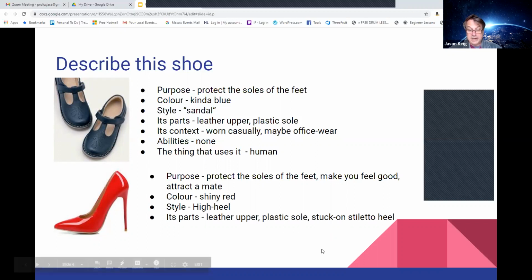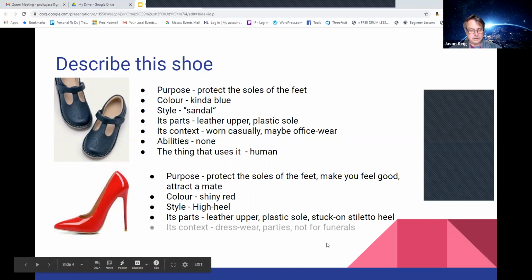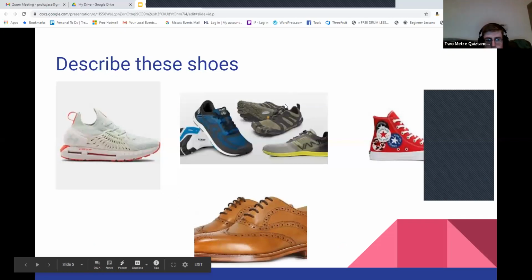It's got the leather upper, the plastic sole, and the stuck-on stiletto heel. So this is a shoe of 3 parts. It's for dress wear and parties, not for funerals. We talked about that. It still doesn't do anything, and it's usually human females that wear them. It's good stuff.